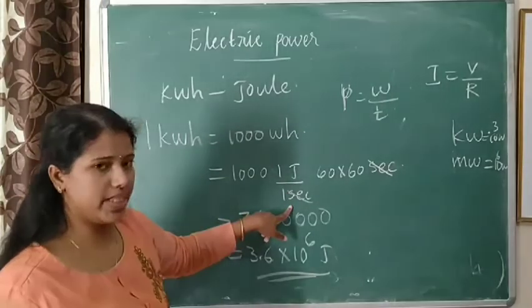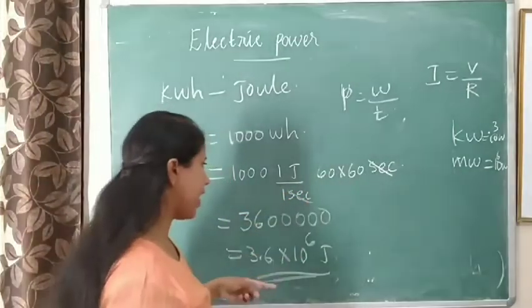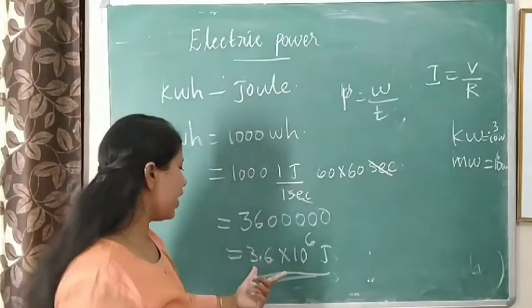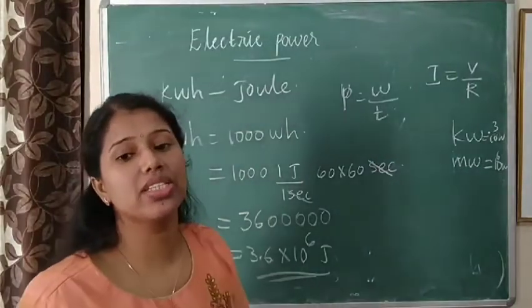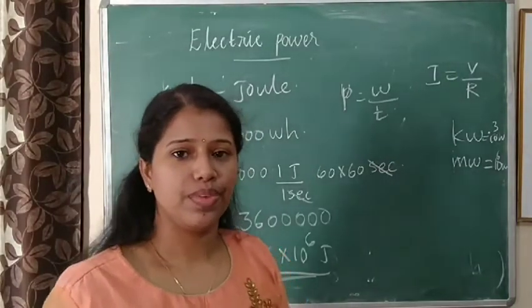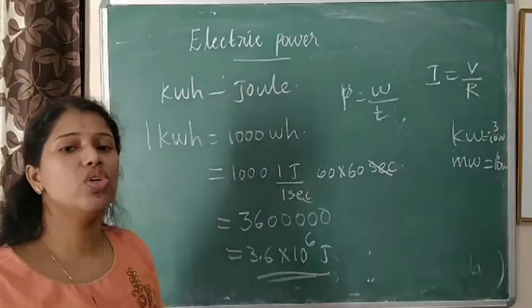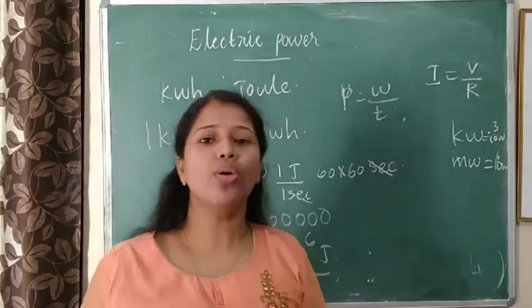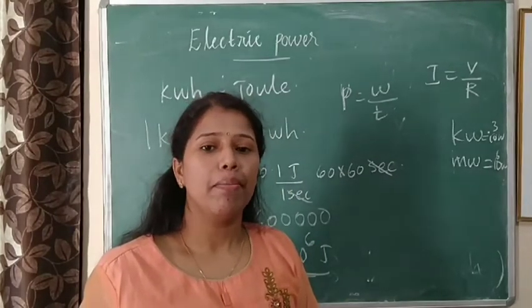Hour means 60 into 60 seconds, the seconds cancel, and we get this answer: 3.6 into 10 raised to 6 joule. This is the relation between kilowatt hour and joule. Thank you. Tomorrow we will discuss the topic magnetic field.